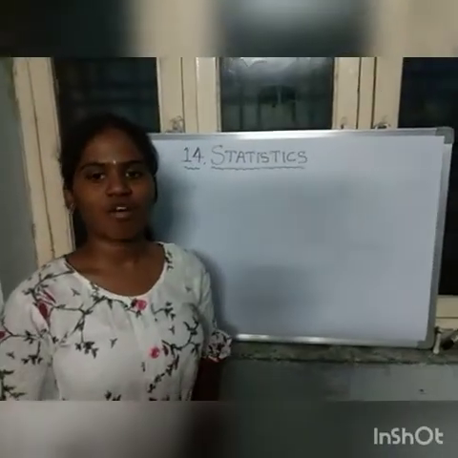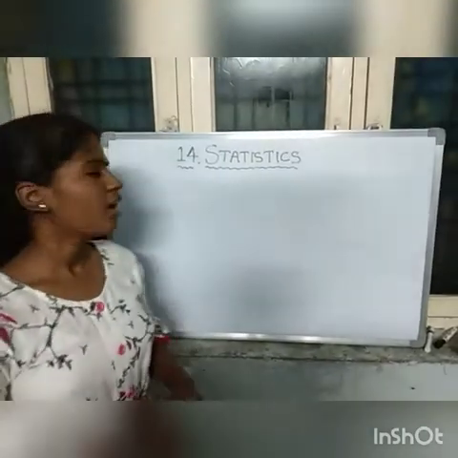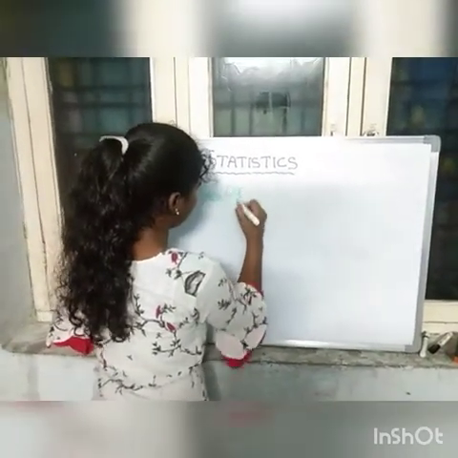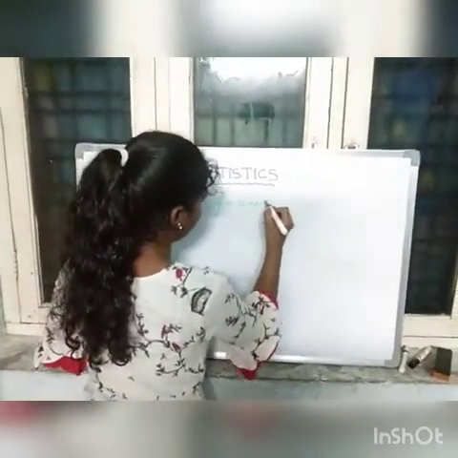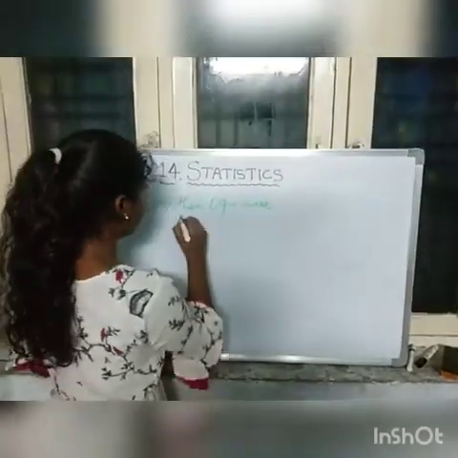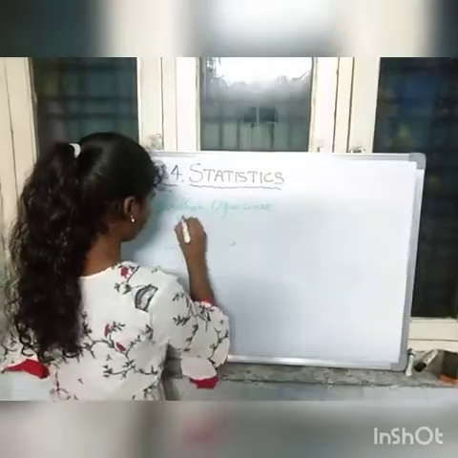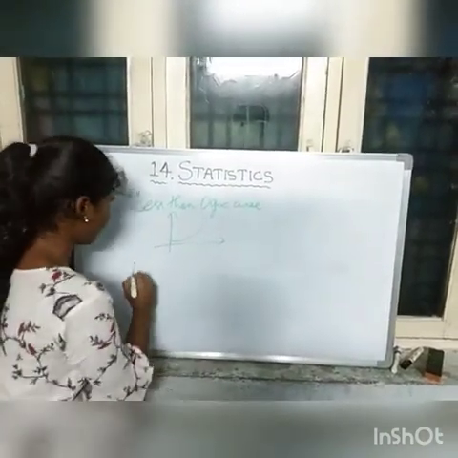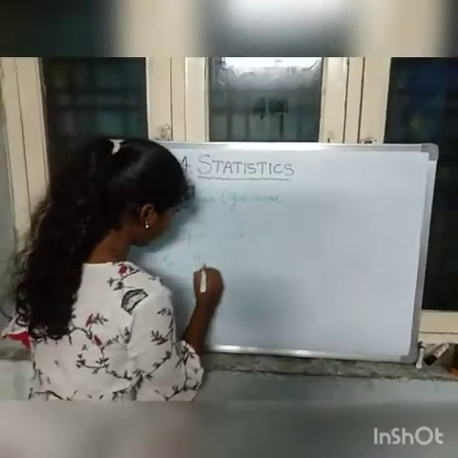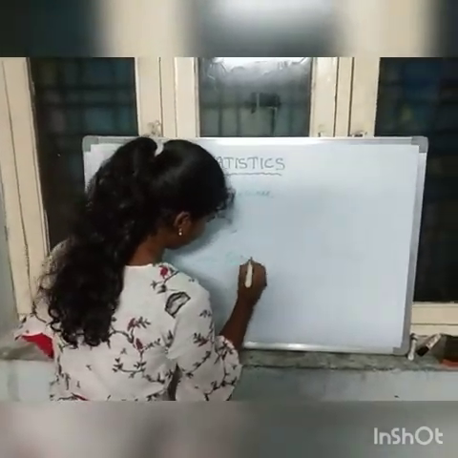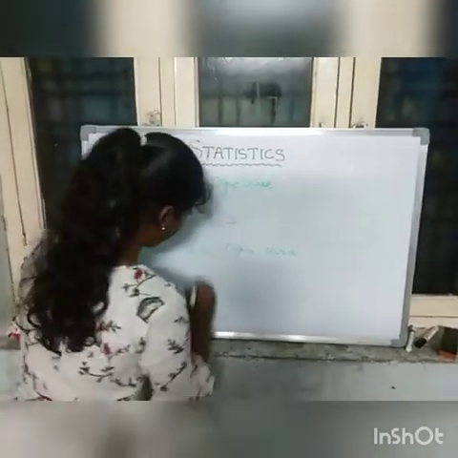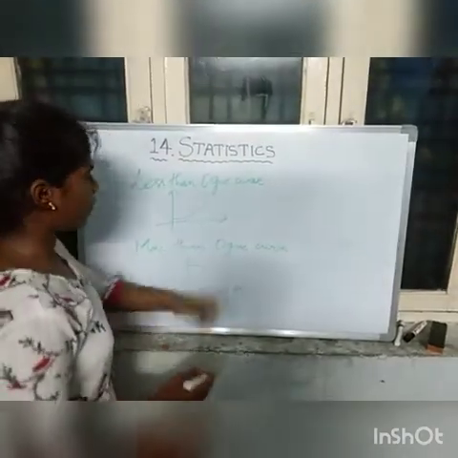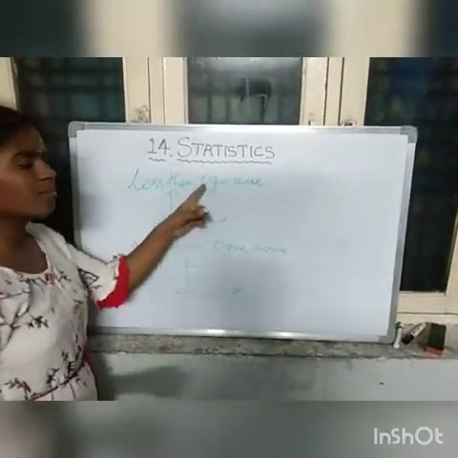Graphical representation of cumulative frequency distribution: less than ogive curve and more than ogive curve. The graph comes like this. The more than ogive curve goes from up to down, and the less than ogive curve goes from down to up.